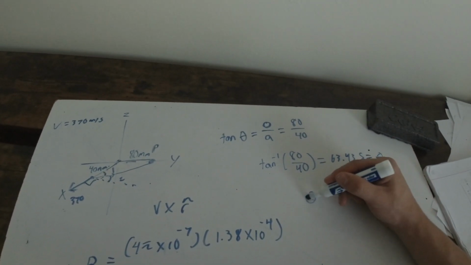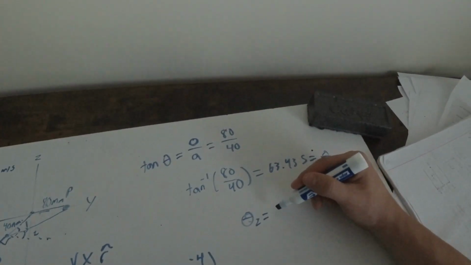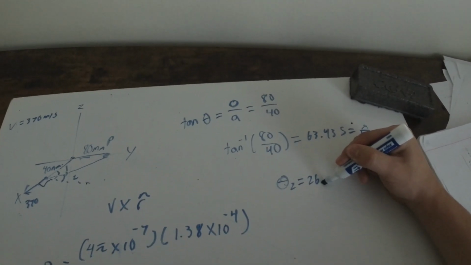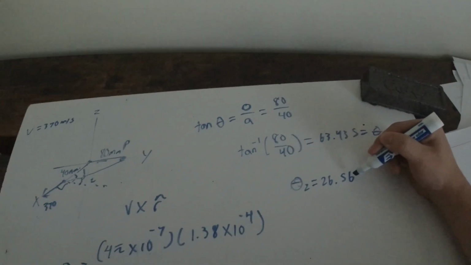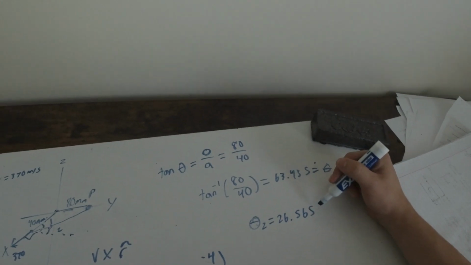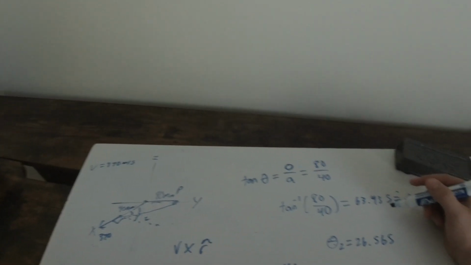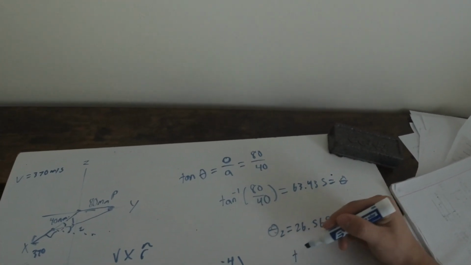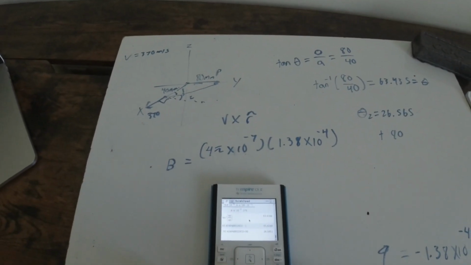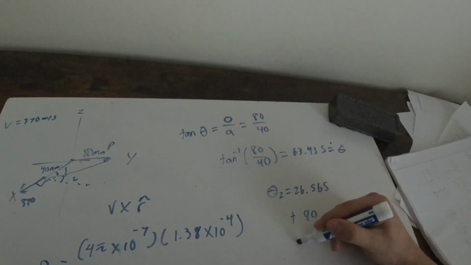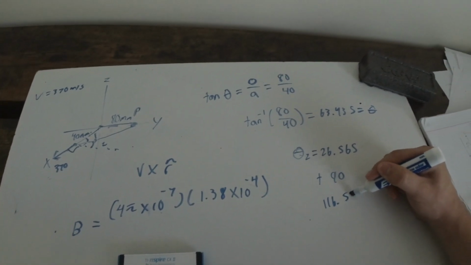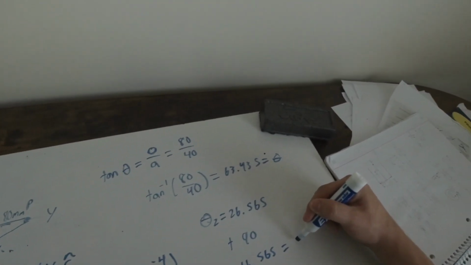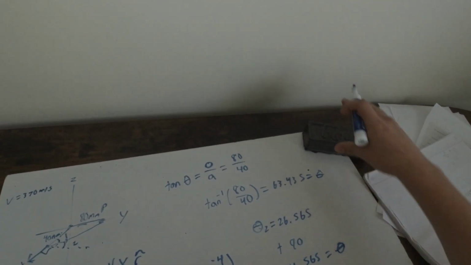So theta 2 is equal to 26.565, and we add that to 90, which is 116.565, our desired theta.